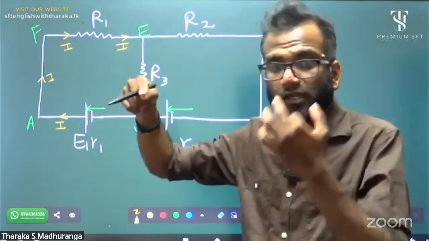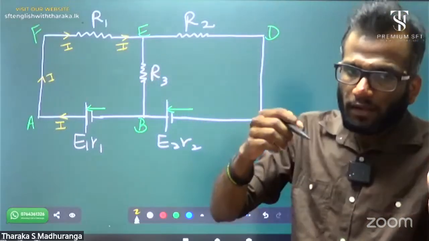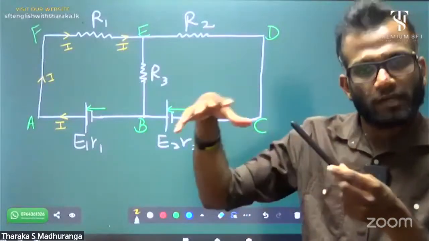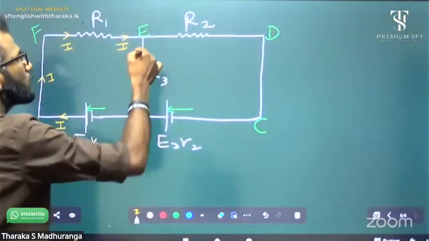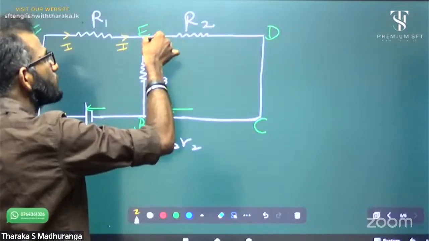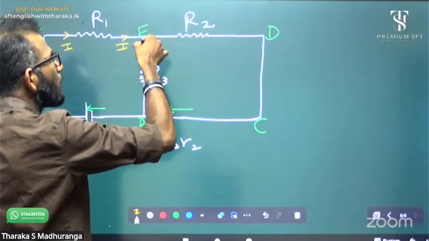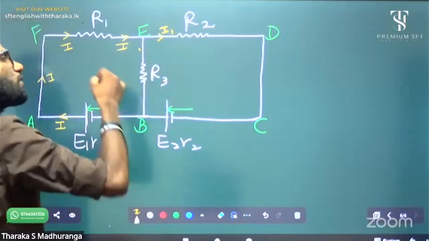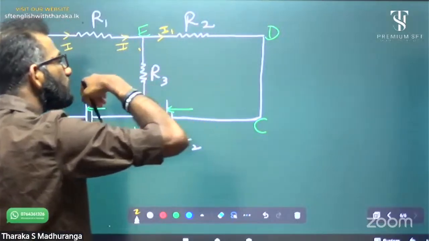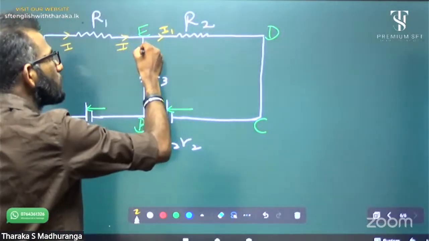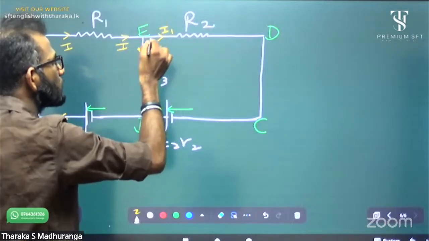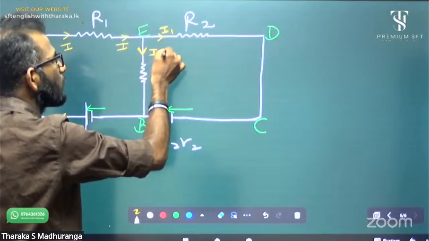At a junction, the entering current is equal to the leaving current. Then I can say I1 is the current flowing through the right side path. Then the path going downward is I minus I1.